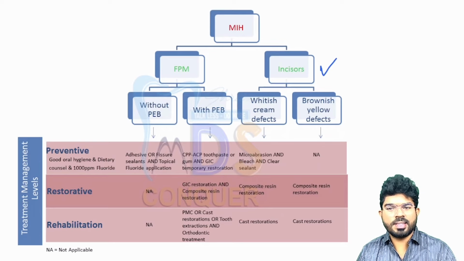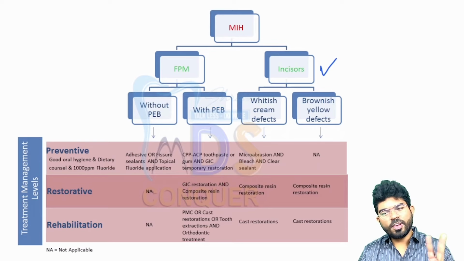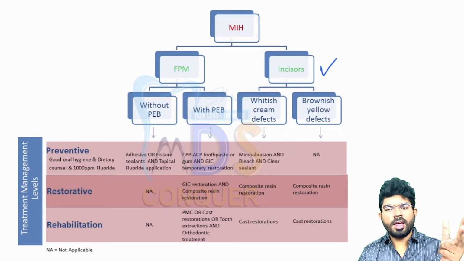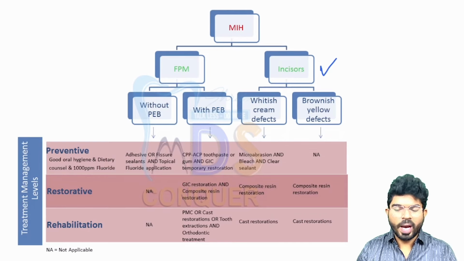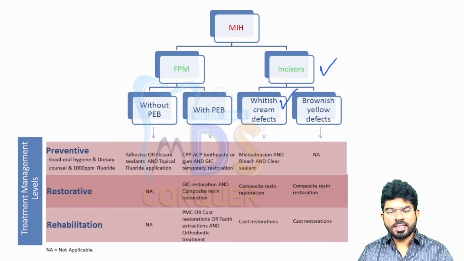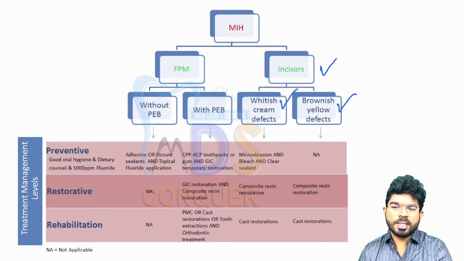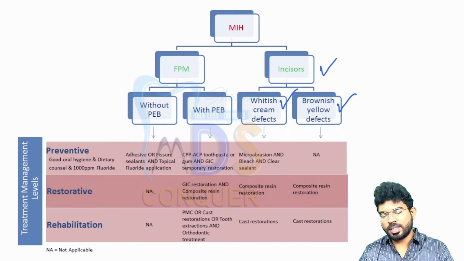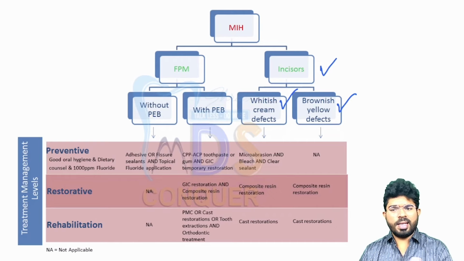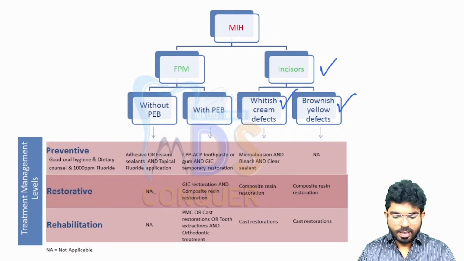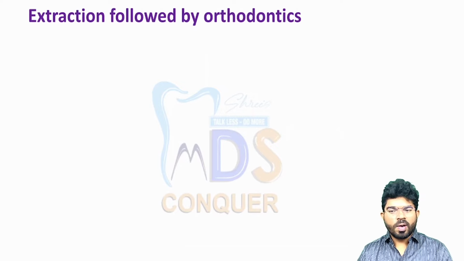So from the aesthetic point of view, you have white creamy defects and brown yellow color defects, which I am going to discuss in detail because they are mainly concerned with aesthetics, and for aesthetics we have different types of treatments. I'll be discussing them in the next few slides.